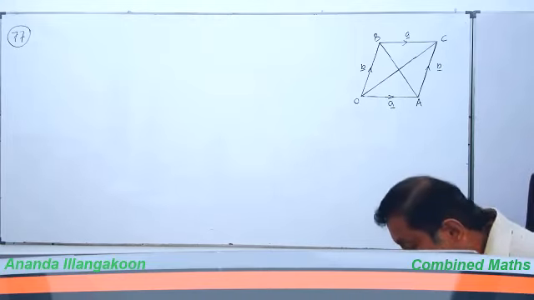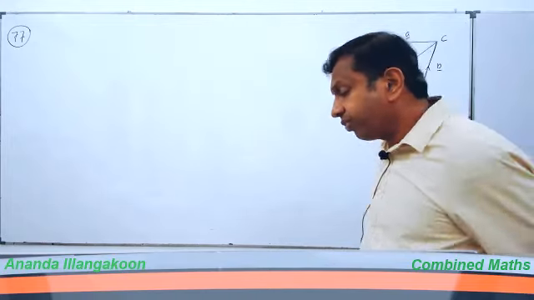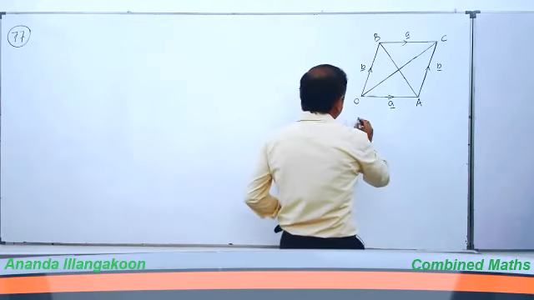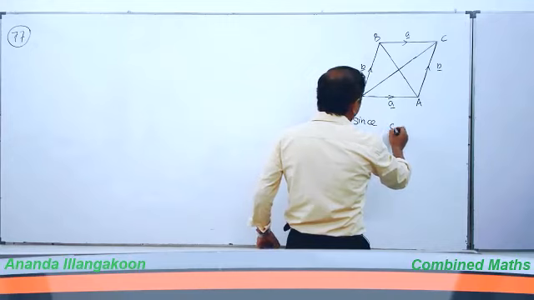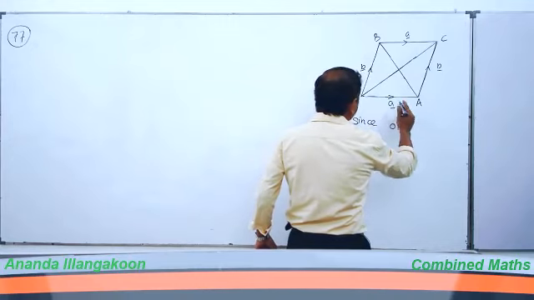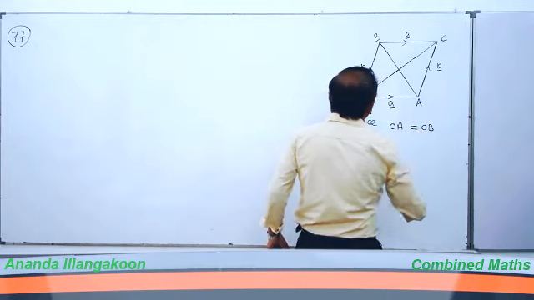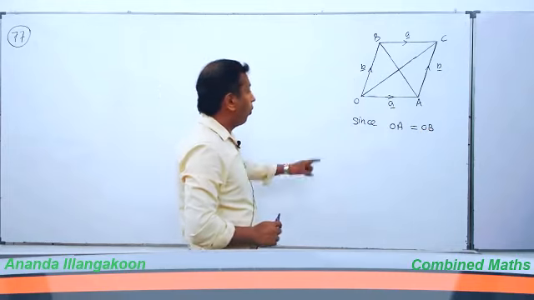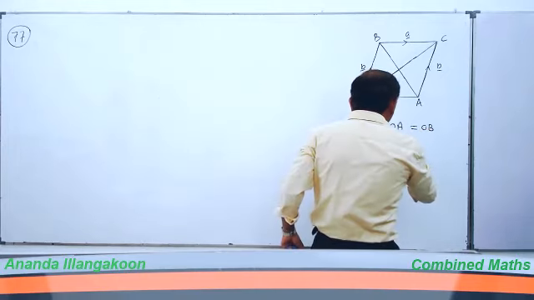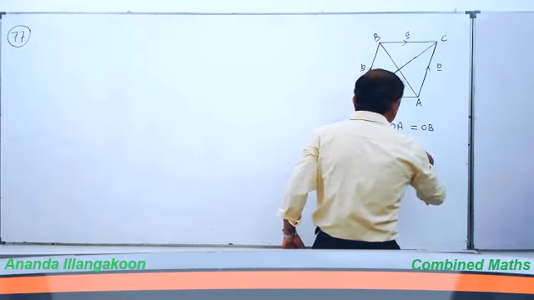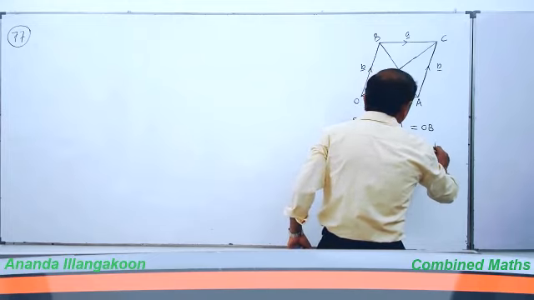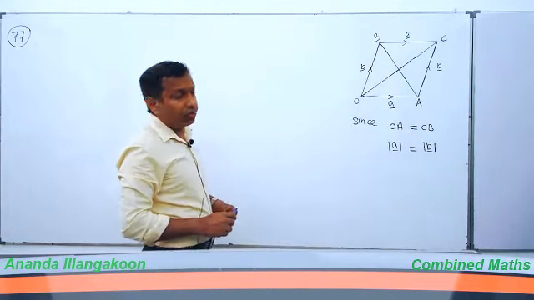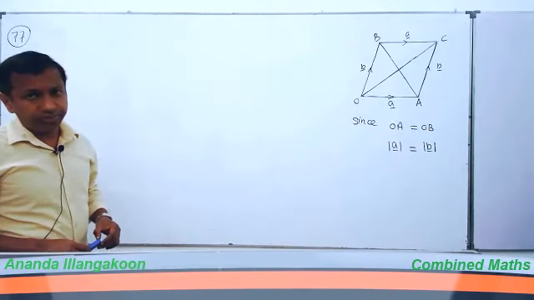Right. People, you know, the four sides of a rhombus are equal in length. Since OA length is equal to OB length. OA length means, people, modulus of A, OB means modulus of B. Then modulus of A is equal to modulus of B. Right?